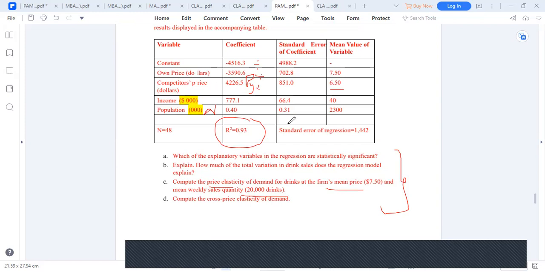So if our degrees of freedom, how many variables are there here? 1, 2, 3, 4. So you subtract 48 minus 4, then you read under 5%, under 44, you find the T reading, then you compare. But for easy understanding, we just compare against 5%. The figures that are below 5% are insignificant.